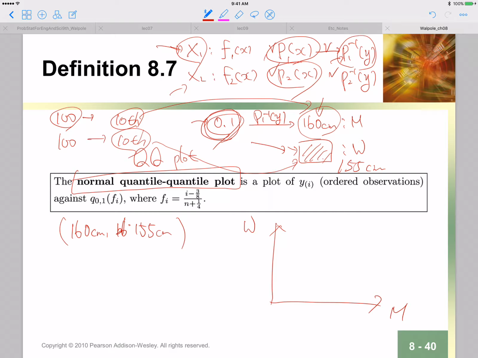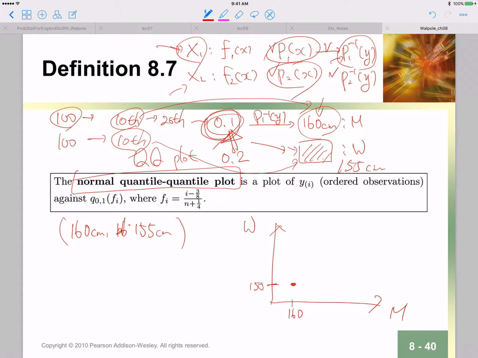Let's say it's 160 and this is 155, and we draw one single point. Then what about changing this value to 0.2? It's like obtaining the 20th person's height for men and women.